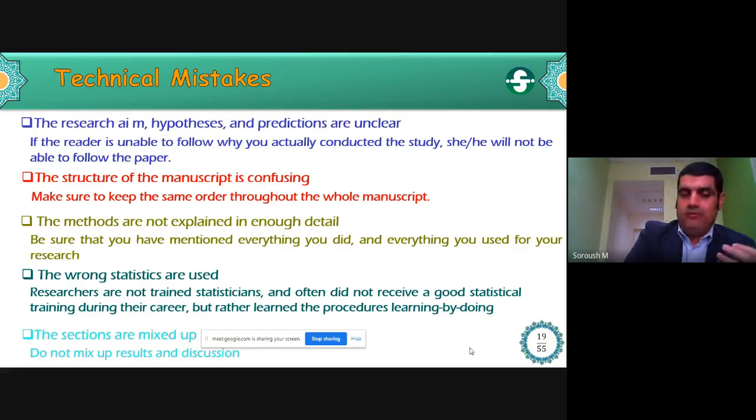So if we mix up the results and discussions together, sometimes we make the reader confused, and he or she cannot follow the text and cannot understand which mechanism would explain chemical reactions, for example, which philosophy would be behind solving this mathematical model, or which rules would be sufficient to explain a given phenomenon in physics or in, let's say, psychology, for example.